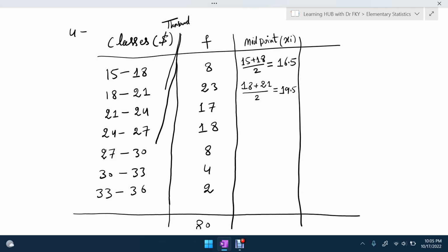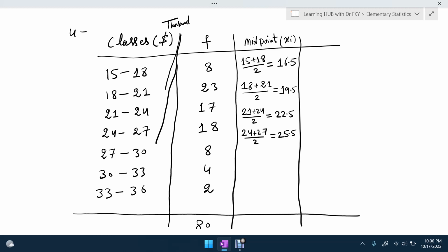Similarly you can do this for the next one: add the limits 21 plus 24, divided by 2, and this will give you 22.5. Similarly, 24 plus 27 divided by 2 will give you 25.5.